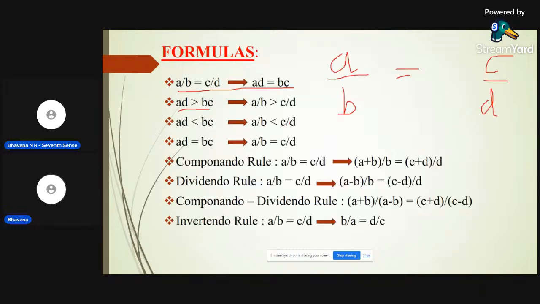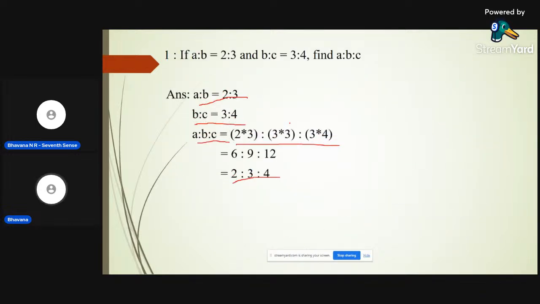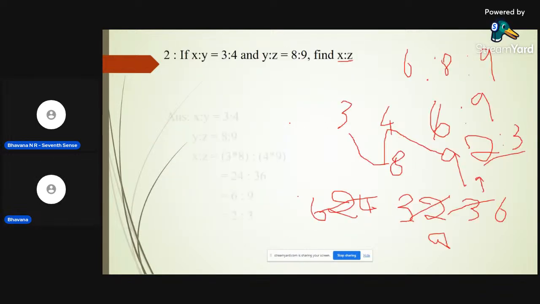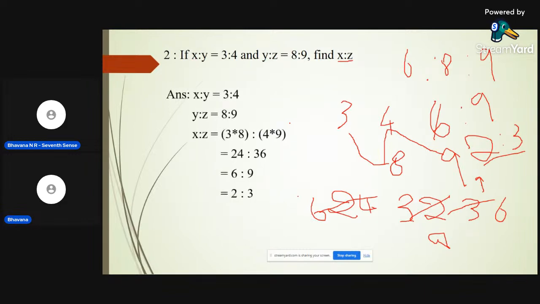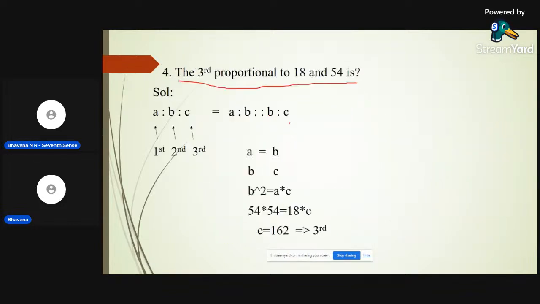Next, in this question, let's see what they have asked. They have given 18 and 54.